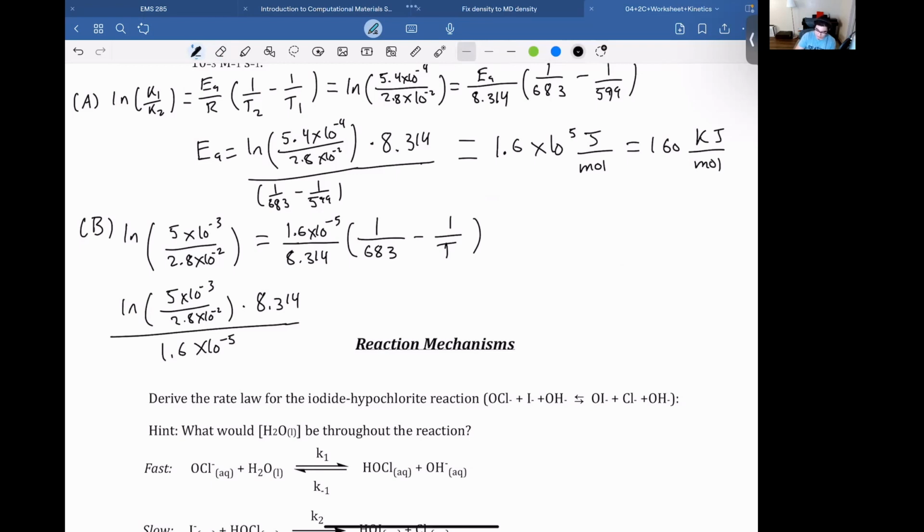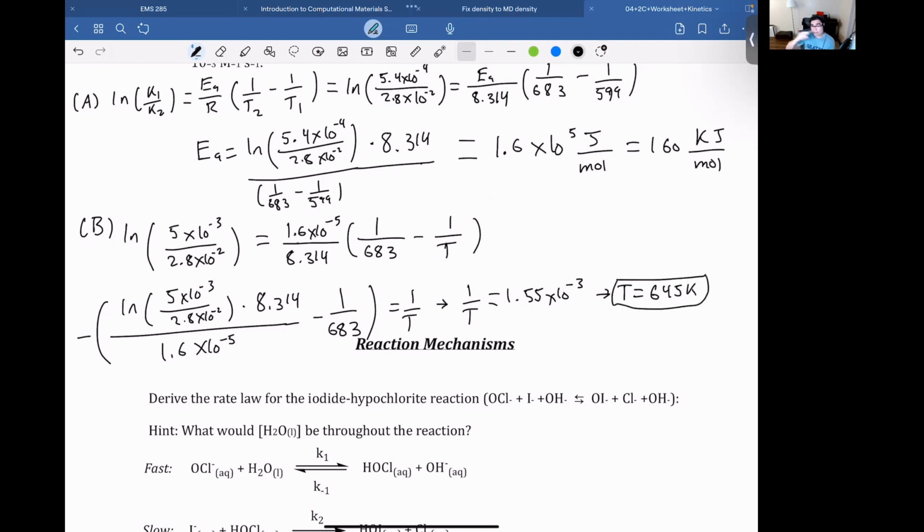Then you subtract out the 1 over 683. This has a negative, so you have to get rid of the negative. You multiply this whole thing by a negative. This is equal to 1 over T. When you plug this in, you get 1 over T is equal to 1.55 times 10 to the negative third. Then you can cross multiply, divide, and you get T is equal to 645 Kelvin.